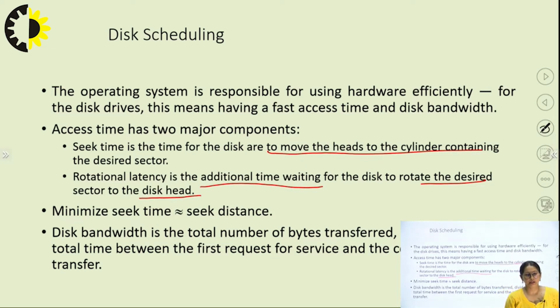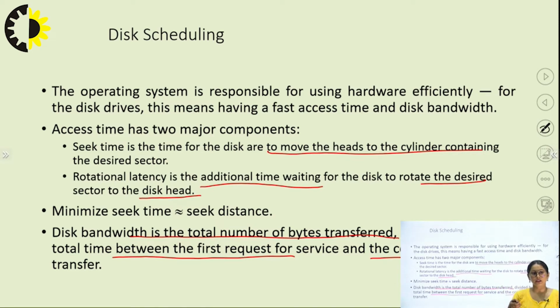And we need to ensure that we have minimum seek time. Minimum seek time only happens when you have minimum seek distance. Disk bandwidth is basically the total number of bytes transferred divided by the total time between the first request of the service and the completion of the last transfer.